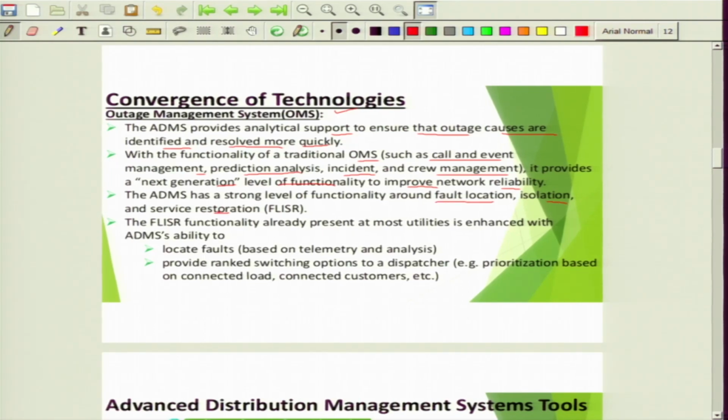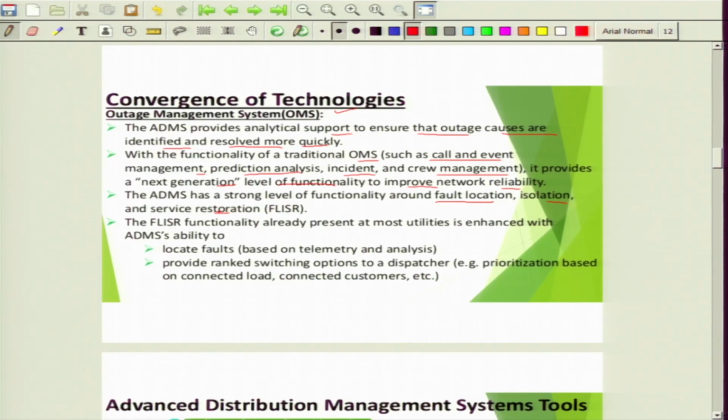Apart from what we have discussed, which is optimal utilization of the network, reconfiguration, loss minimization, reducing the unbalance in the load, with all these functionalities, another important feature of ADMS, as we have repeatedly discussed, is the fault location, isolation and service restoration.